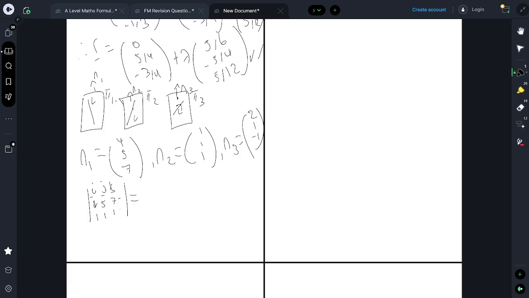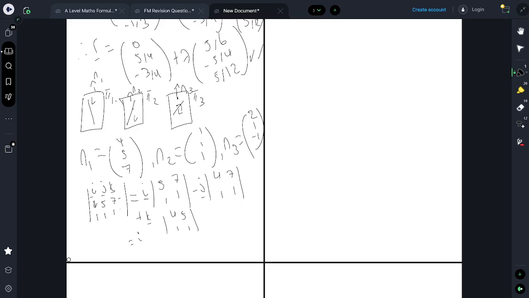So let's work this out. You should know how to do a 3 by 3 determinant. That'd be i lots of 5 1 7 1, minus j lots of 4 1 7 1, plus k lots of 4 1 5 1.